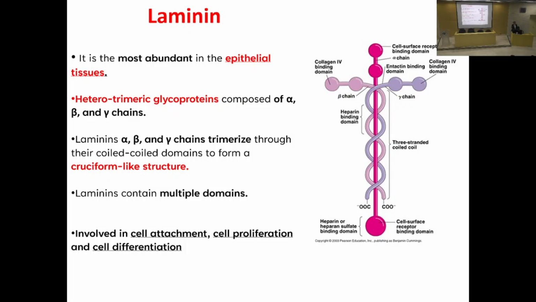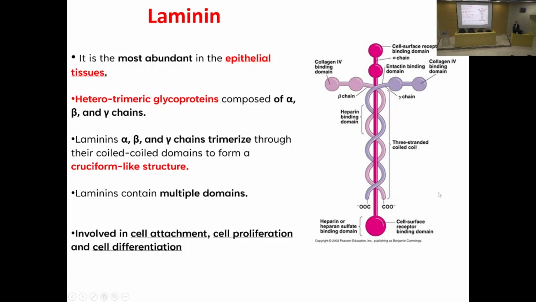I have alpha, I have beta, and I have gamma. So they are heterogeneous, right? So it is a heterotrimeric glycoprotein. And you see their structure is like a cruciform. Okay, it's like a cruciform structure.